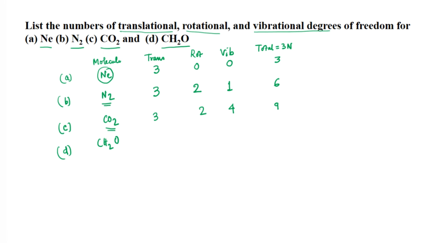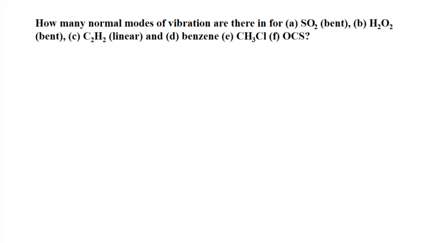And for CH2O, the total number of degrees of freedom is 12, that is 3 times 4, and we have 3 translations, 3n minus 6, that means 6 vibrations, and the rest are rotations. So, we have 3 rotations. So, now let us look into the next problem.